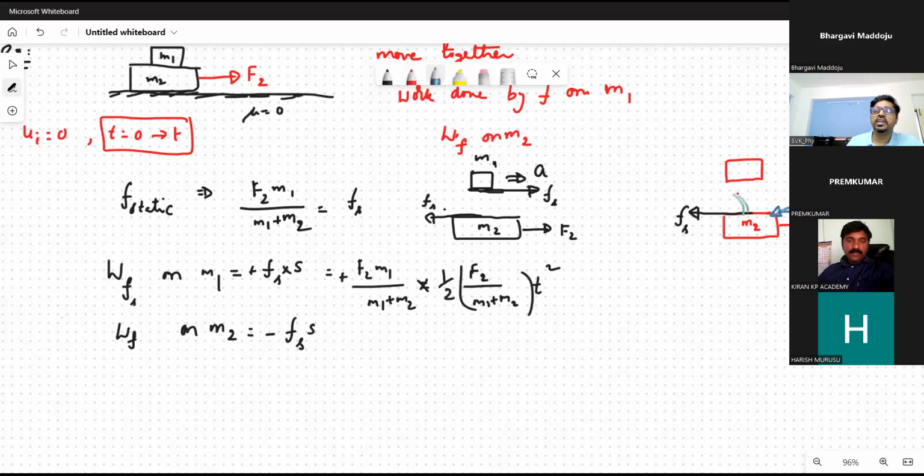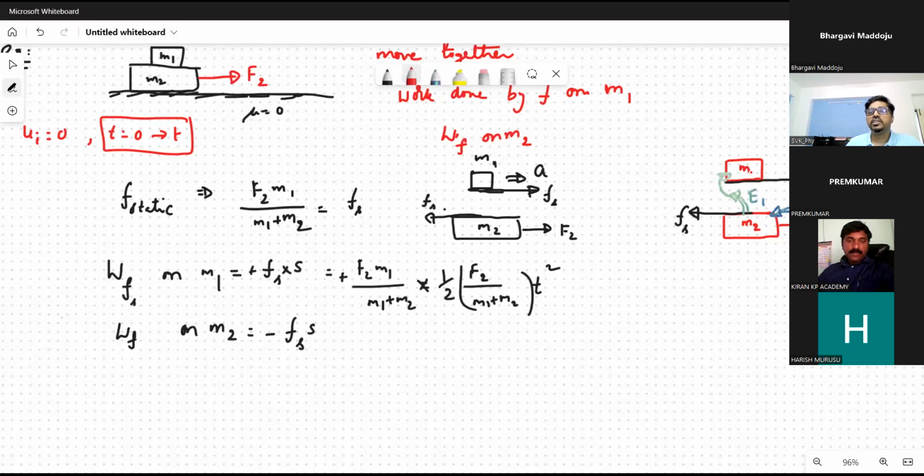So it is taking out the energy from the block. So E1. Now on M1, friction is doing positive work. What does it mean? Whatever energy is being extracted by friction from M2, that has been given to M1. So M1 is gaining energy.